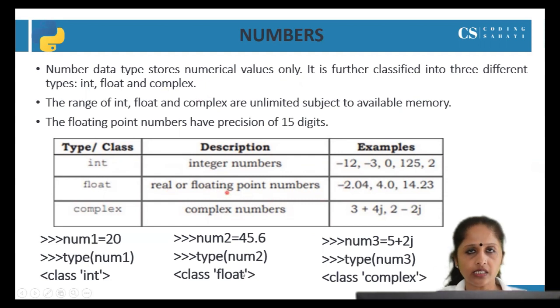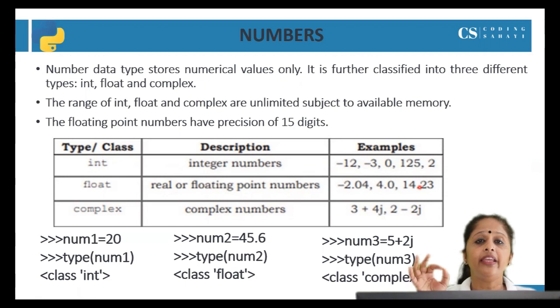Complex means complex numbers. So for integer numbers, examples are -12, -3, 0, 125. That is, any positive and negative values, but there should not be any point value; decimal places should not be there. So that is integer numbers.